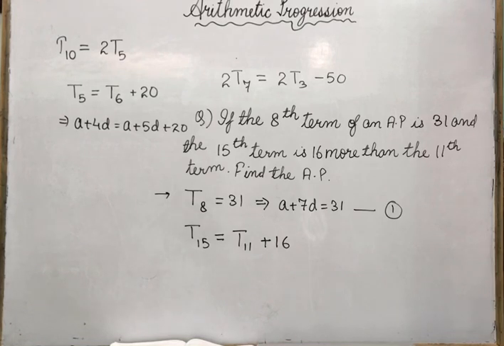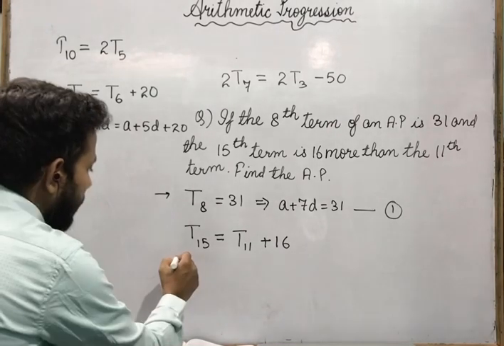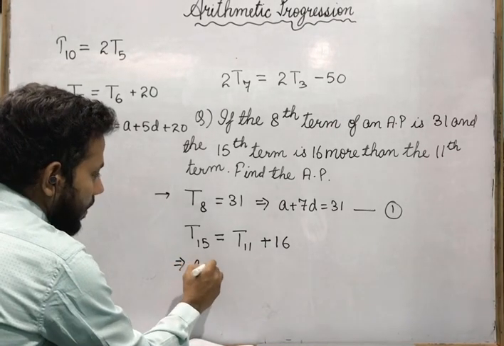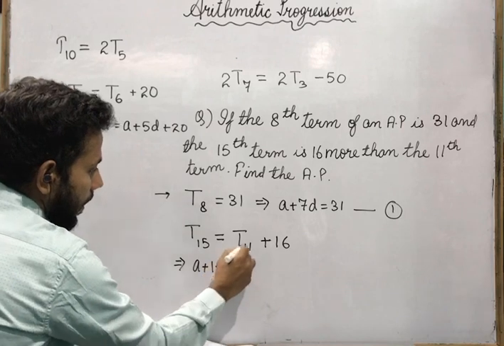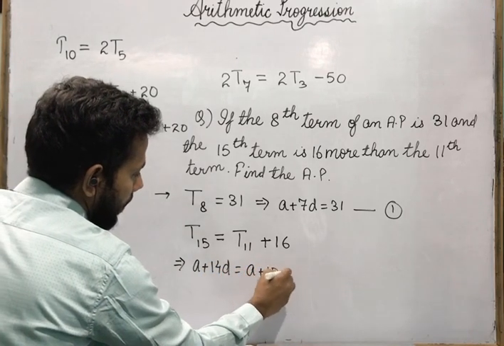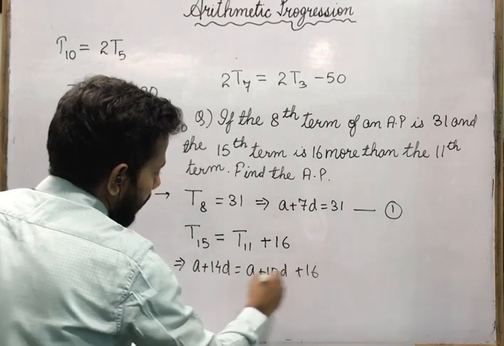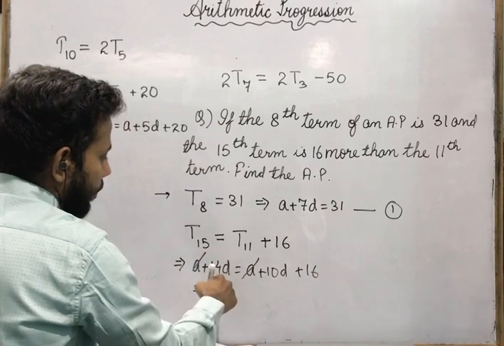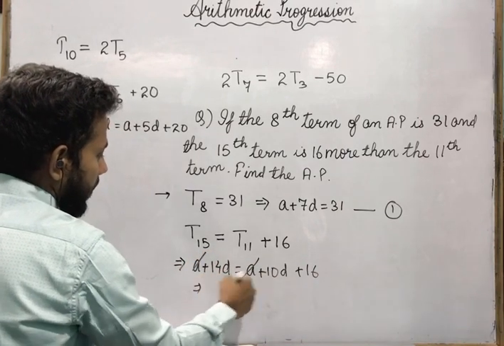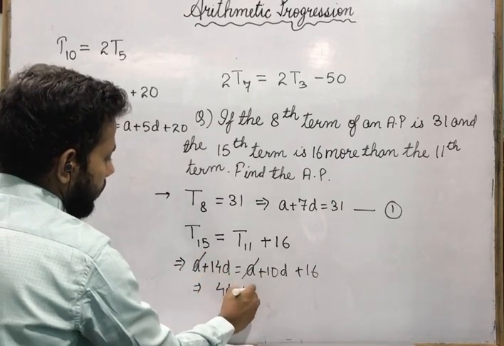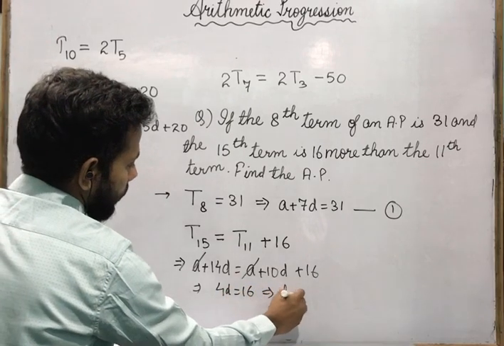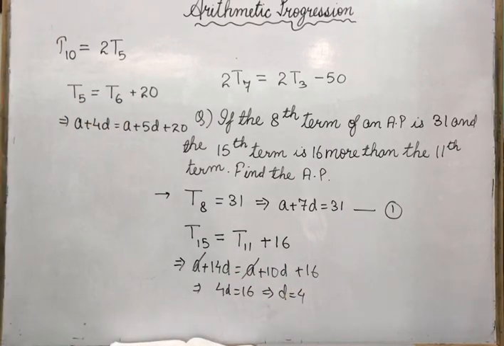So now we get an equation from here also. The 15th term means a plus 14d. The 11th term means a plus 10d plus 16. A and a will get cancelled. 14d will come to this side. 14d minus 10d, 4d equals 16. D equals 4. Correct?